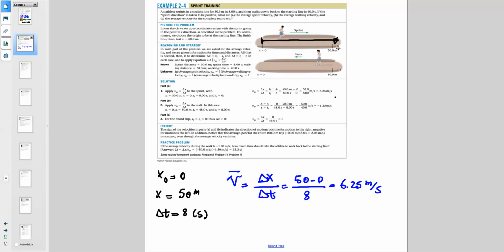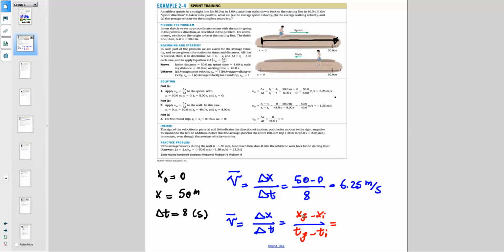Now, part B is asking the average walking velocity as if it's coming back. So that is for part A. For part B, the average walking velocity, I have again delta x over delta t. Delta x at this point is kind of tricky to understand. So delta x is x final minus x initial. Delta t is t final minus t initial.